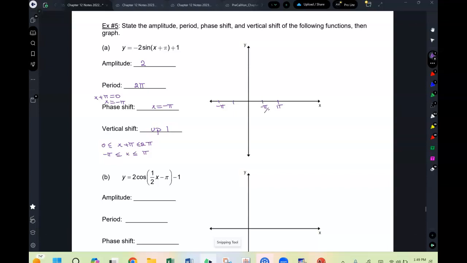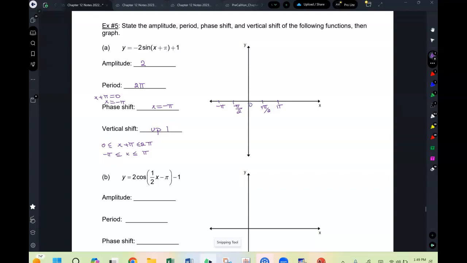So here we have negative pi, positive pi over 2 and negative pi over 2. Okay? If you want full credit, you have to label all of these and even put the 0 there. So 1, 2, 3, 4, 5 every single time.